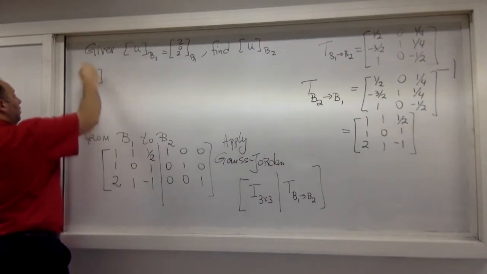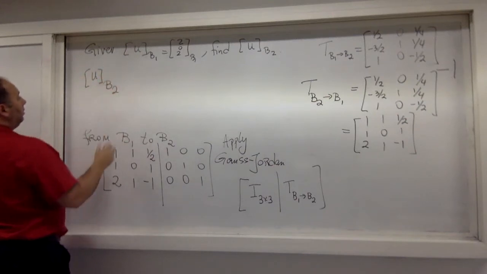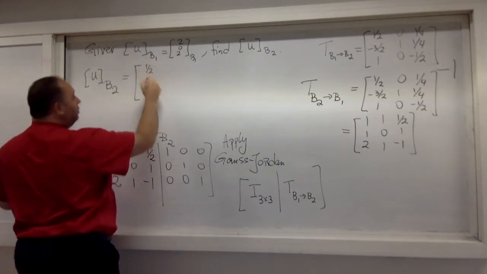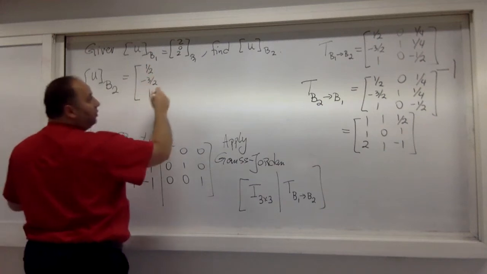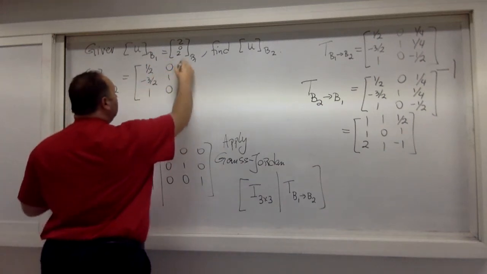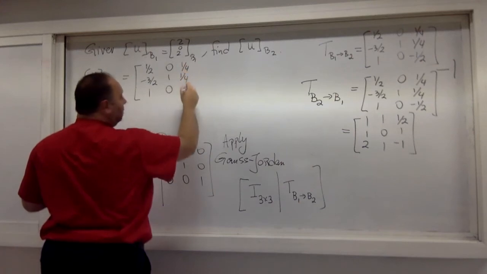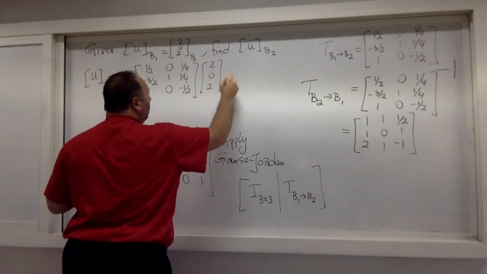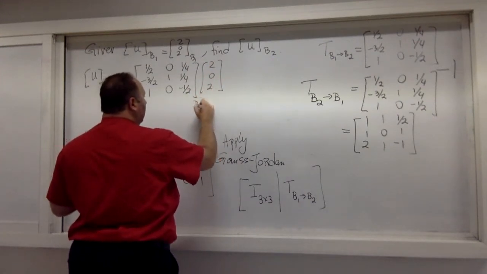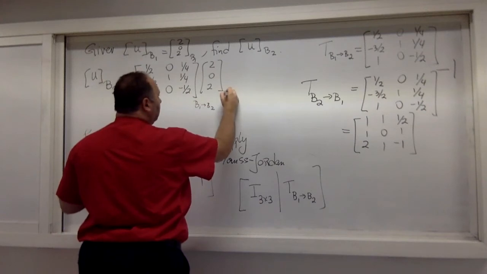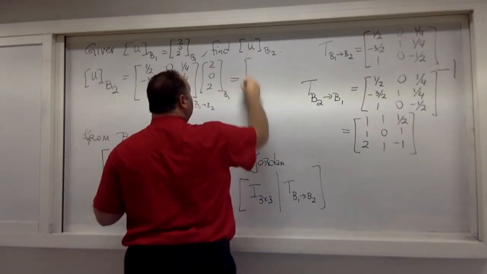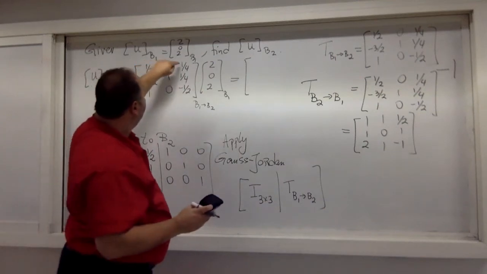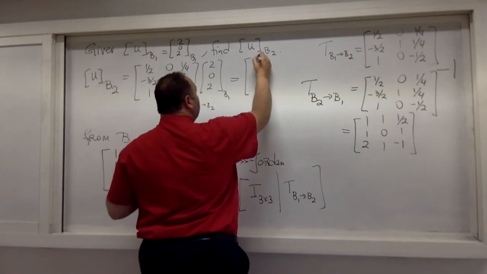So the coordinates of the guy U in basis B2 are just a multiplication. You need to be able to multiply at some point. If not, you have your calculator. So (2, 0, 2) goes from B1 to B2, and these are the coordinates in B1. I'm going to get my coordinates in B2. So this is 1 plus 0 plus 1/2, so 3/2.